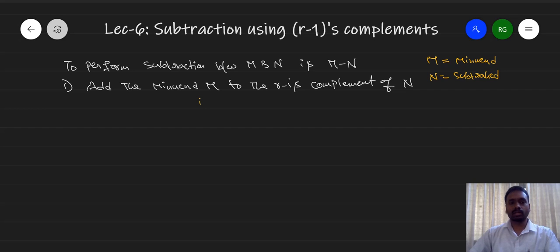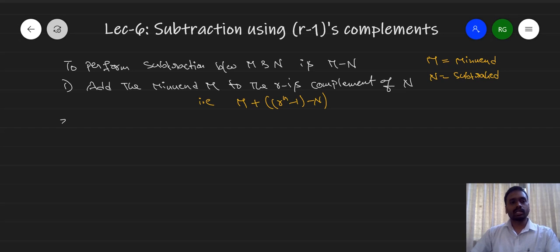That is, add the minuend m plus the r-1's complement of n. We already know how to find the r-1's complement. The formula is r to the power n minus 1 minus n. So we find the complement for the negative number, and that complement value is added to the first number, that is the minuend. So that's the first step.